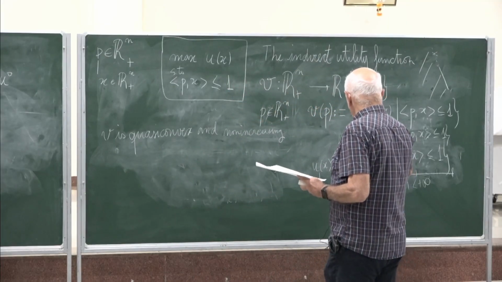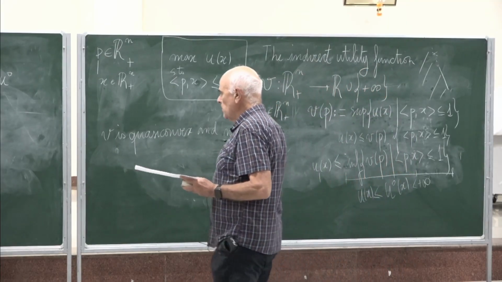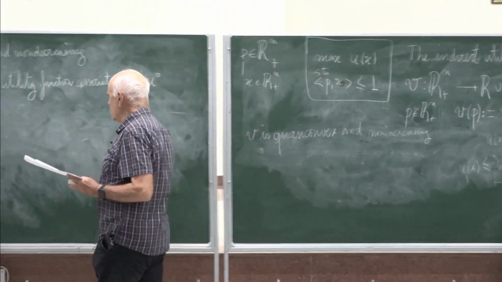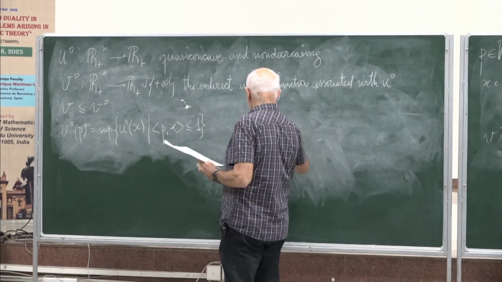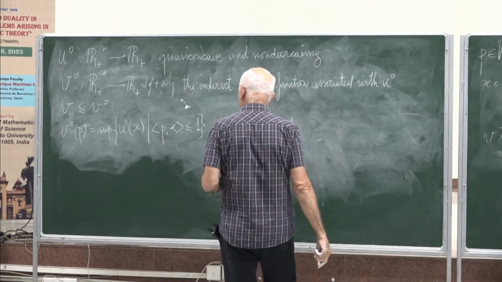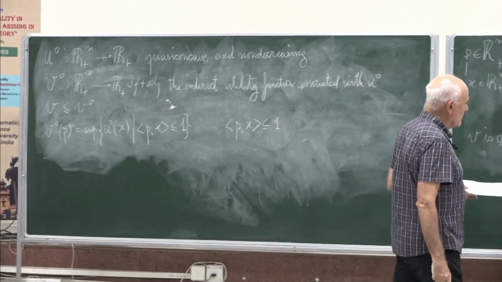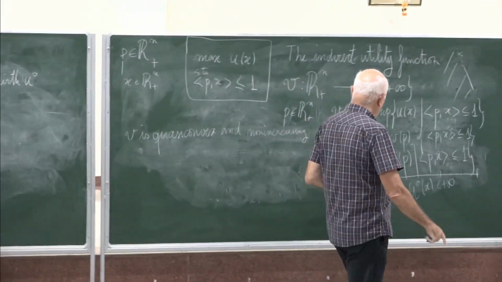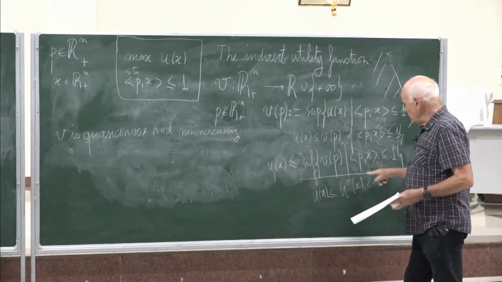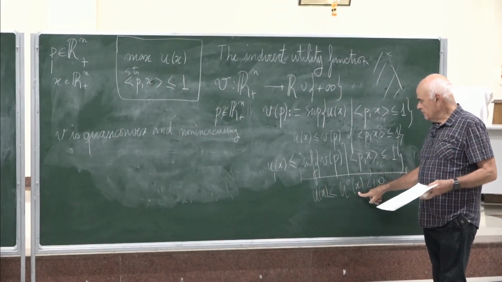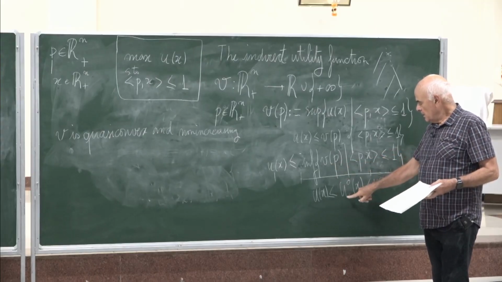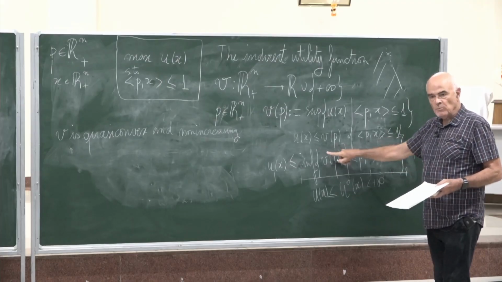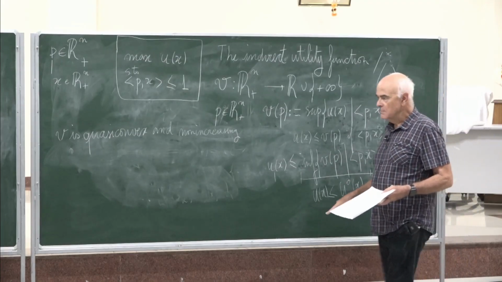But look at the definition of U naught. If Px is less than or equal to 1, then this definition of U naught says that V of P is greater than or equal to the infimum, which is U naught of X.